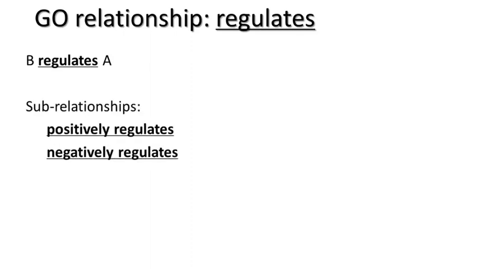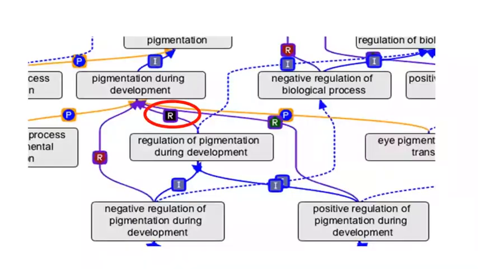The third relationship is regulates, such as B regulates A. There are two sub-relationships, positively regulates and negatively regulates. For example, the R on the edge specifies that regulation of pigmentation during development regulates pigmentation during development. The R is on a black background.